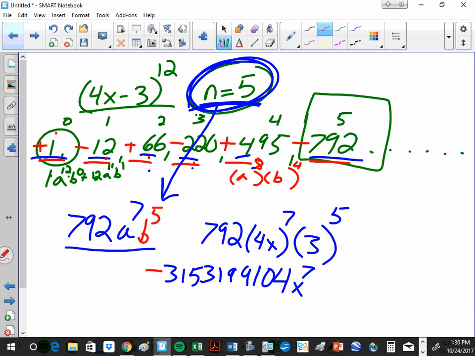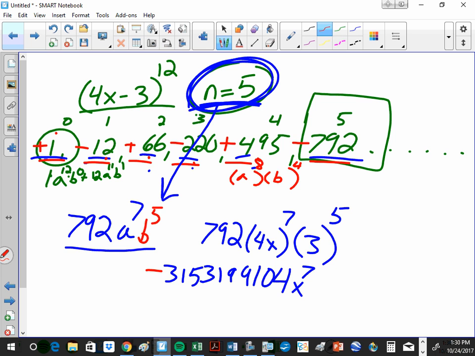Okay, and given the value of n to find the coefficient. So on 63 through 69, look at the instructions. It says, use the given value of n to find the coefficient of x to the n in the expansion of the binomial. And then it will give you the binomial, the exponent, and then it will give you n. So it just wants you to find one term, but the instructions don't say find the term.